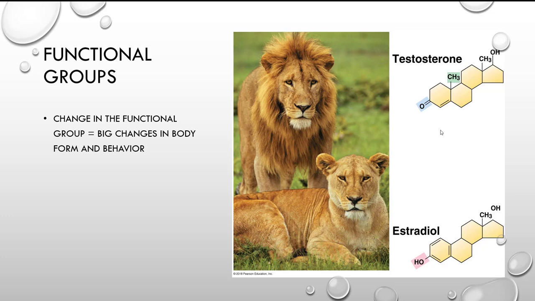If you look at the carbon structure, which is these rings, they look very similar to each other. The only difference is the functional groups. They have a methyl group and a hydroxyl group at the top, but then estradiol has a hydroxyl group over here, which testosterone does not.